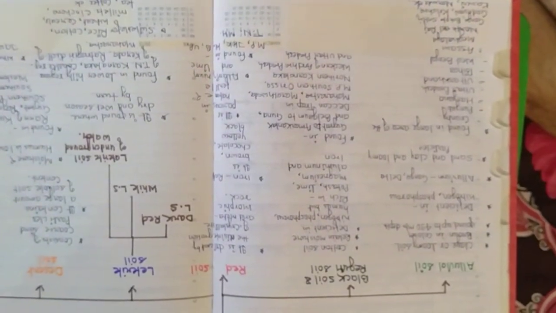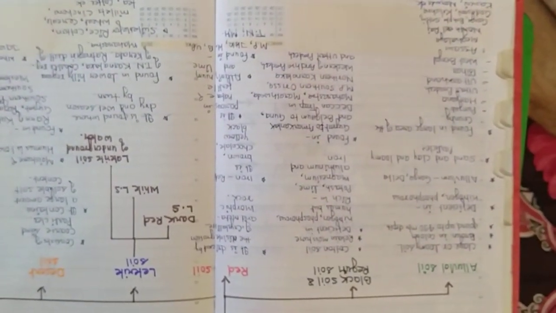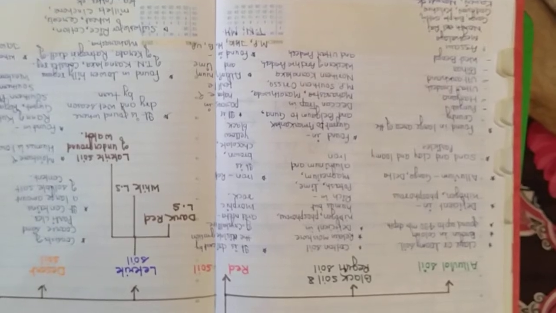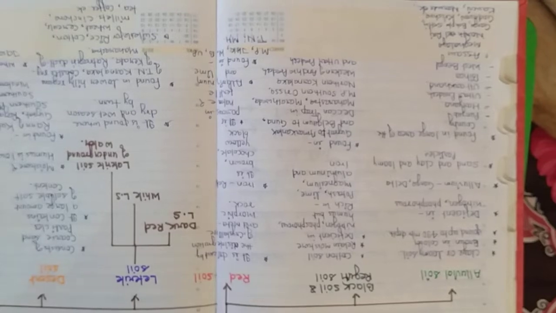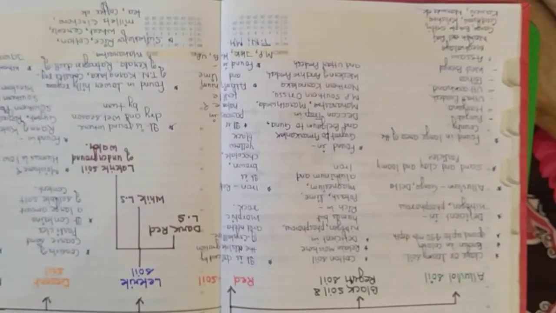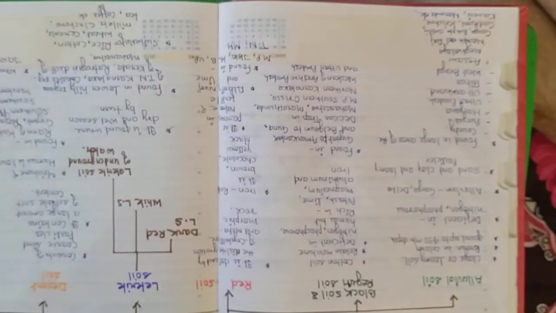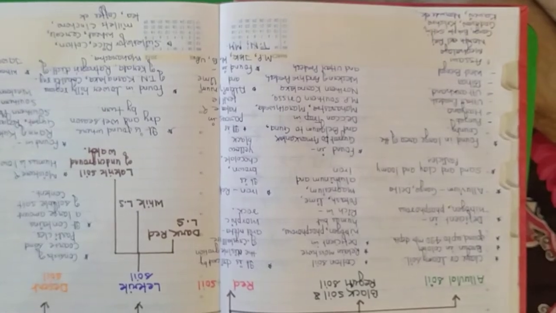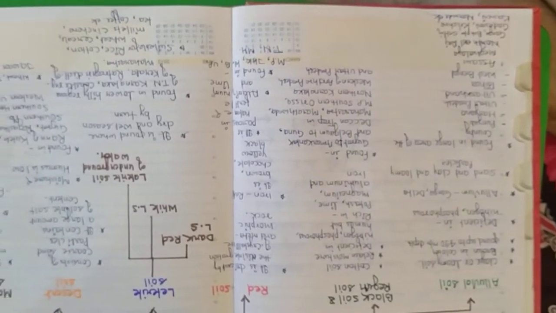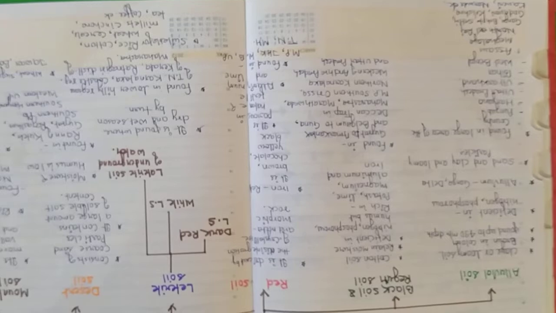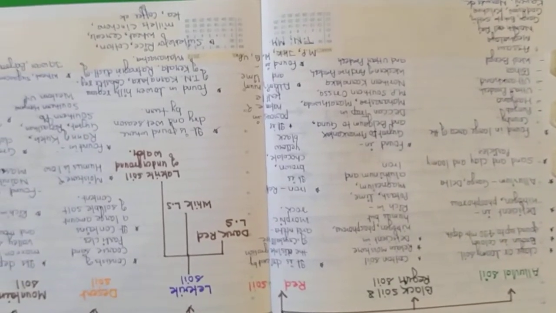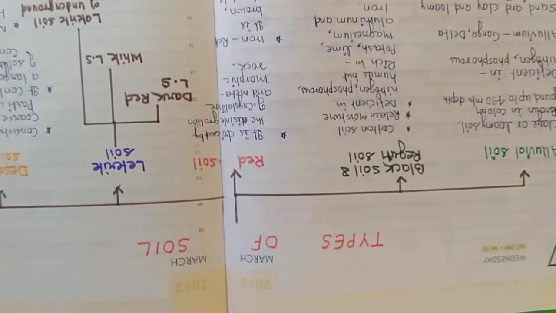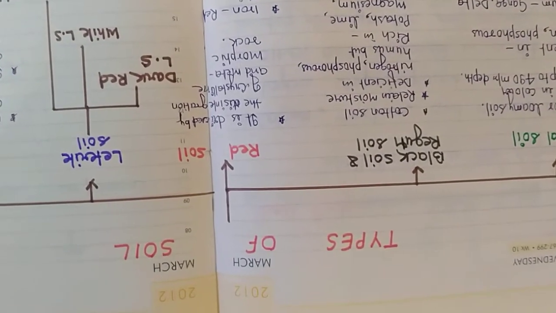Fourth one, laterite soil. This laterite soil is further divided into 3 parts: dark red laterite soil, white laterite soil and laterite soils of underground water. Fifth one is desert soil. And last one is mountain soil. So the types of soil are very important for the purpose of examination.